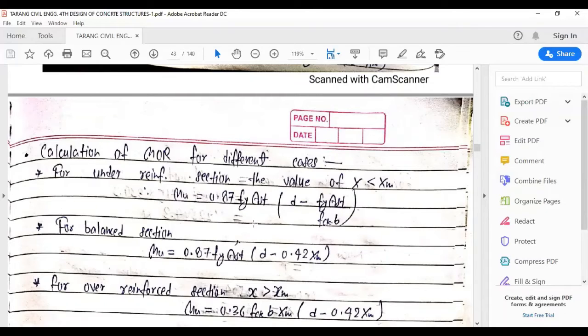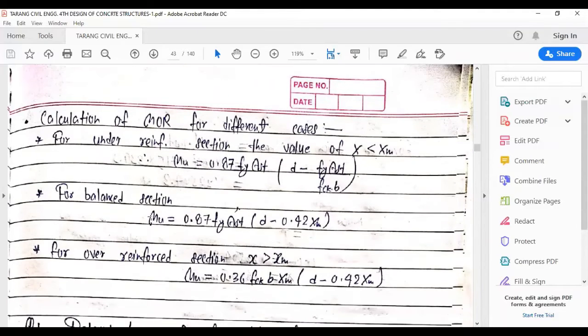So it is given by the formula Mu is equal to 0.87 fy Ast, and this whole expression is multiplied by d minus fy Ast upon fck b. Remember, this is for under reinforced section.